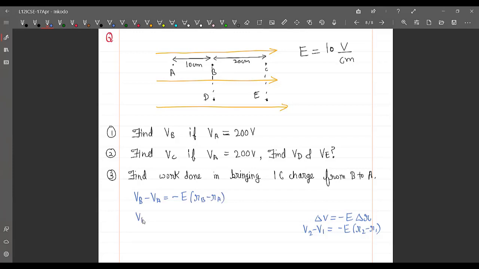VA is given as 200 volt and E is given as 10 volt per centimeter. RB minus RA is 10 centimeter. They cancel each other out. So VB will be 200 minus 100. That will be 100 volt.